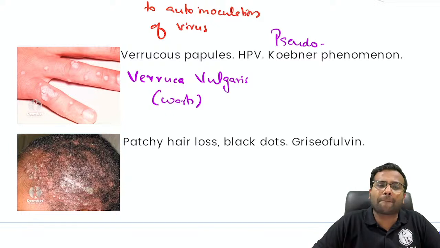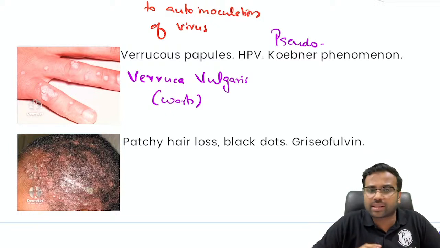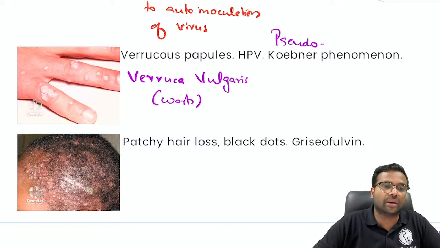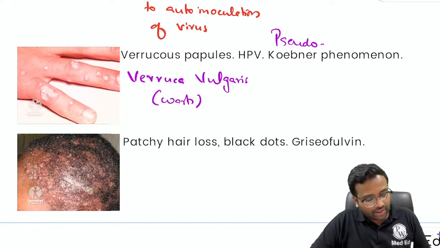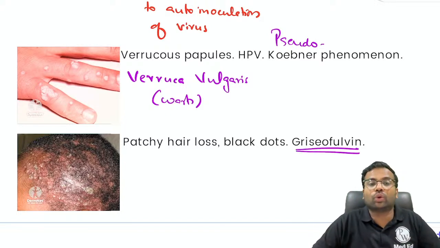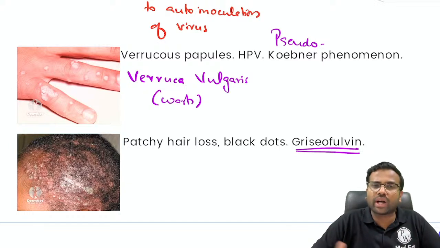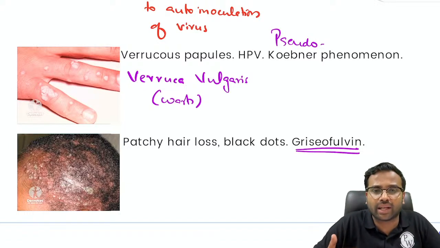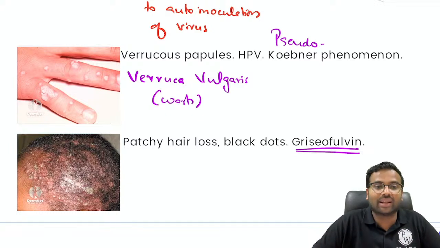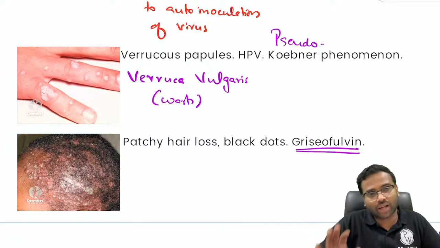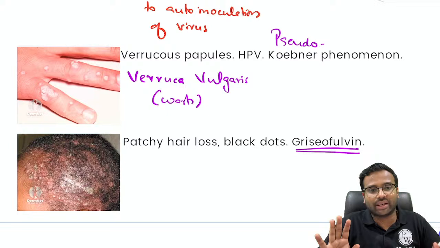Patient is having black patchy hair loss. There are some black dots that can be seen in the scalp, and it responds very well to griseofulvin. Now, what is griseofulvin? Is it an antibiotic, is it antiviral, or is it antifungal? We know very clearly that this should be a fungal infection.